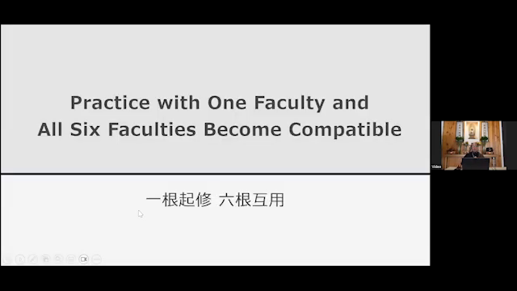So then that is the first thing we need to know. Buddha says, okay, you have to know why your 6 faculties form and how they function. And then next, how to practice 1 faculty and realize that all 6 faculties become compatible.